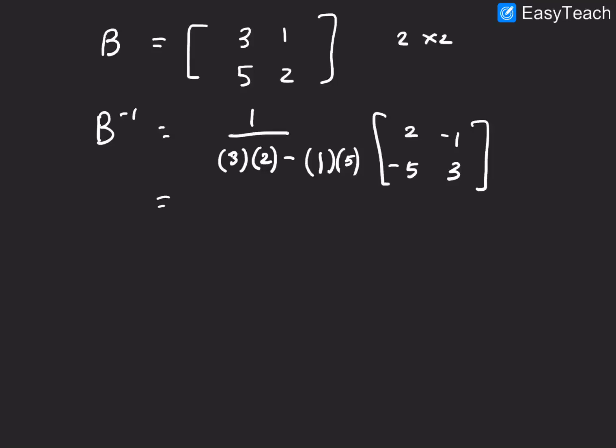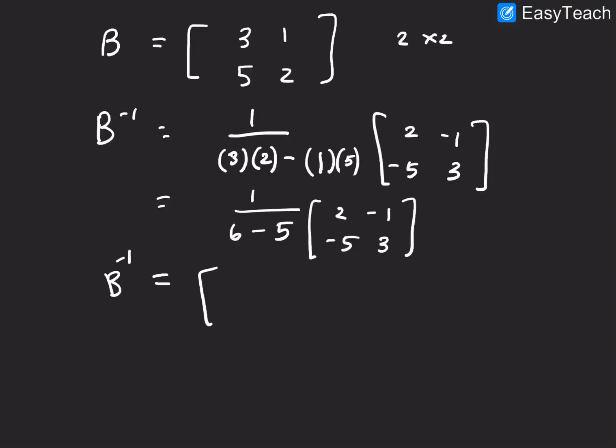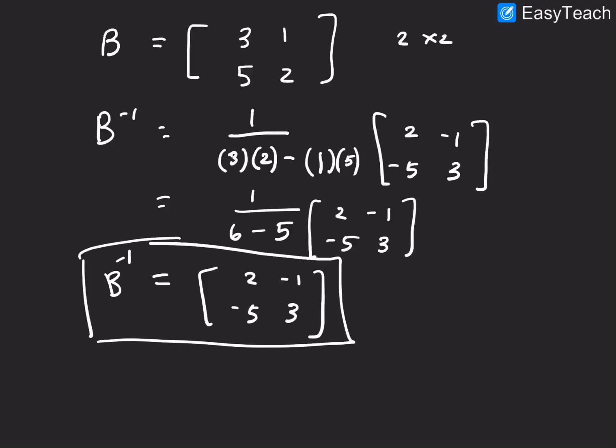So if we multiply everything out, we get 1 over 6 minus 5 multiplied by this new matrix. And 1 over 6 minus 5 is just 1. So our new matrix for our B inverse is just going to be 2, -1, -5, 3. And that's how you find the inverse for a 2 by 2 matrix.